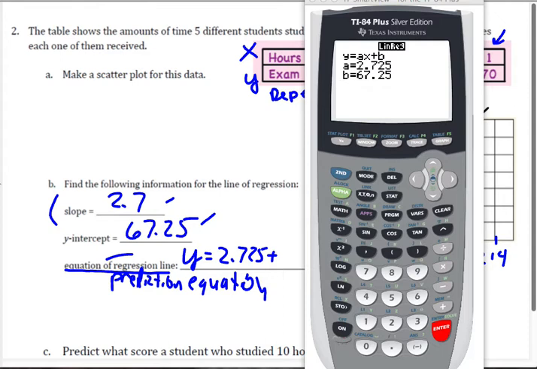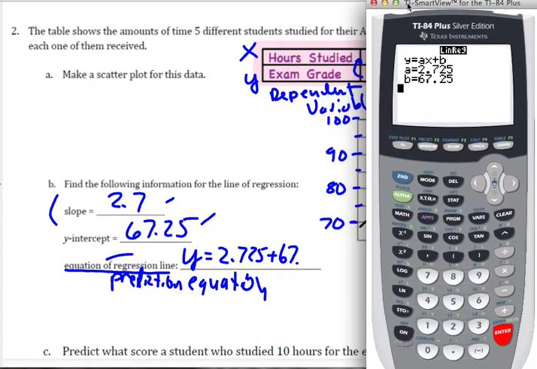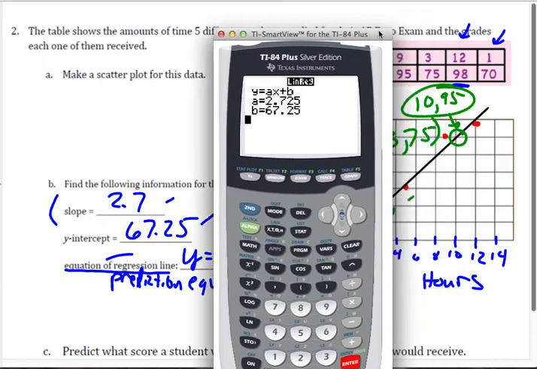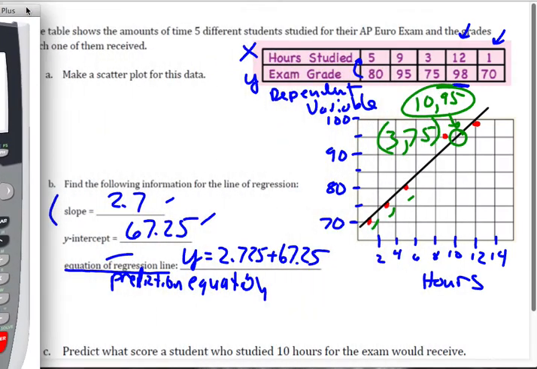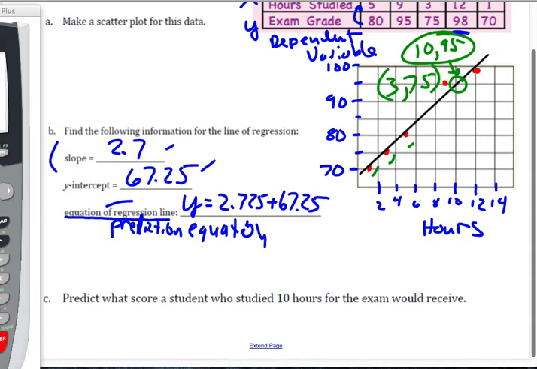Plus 67.25. Good. So you can do it very easily with your graphing calculator.